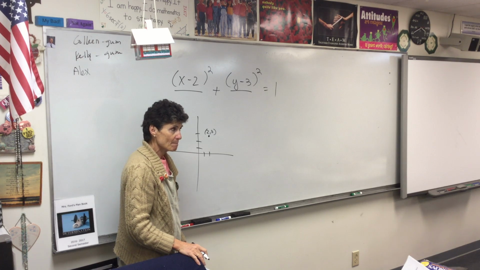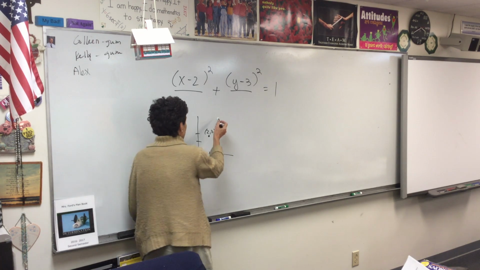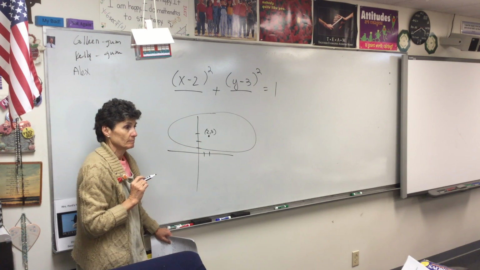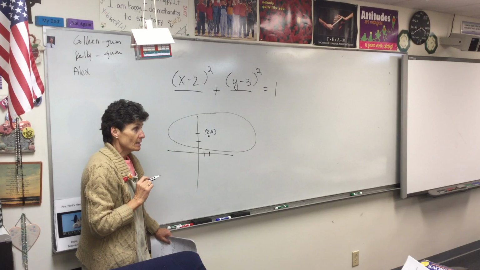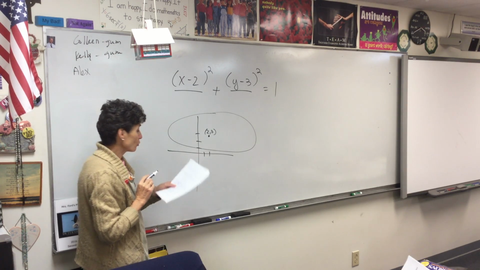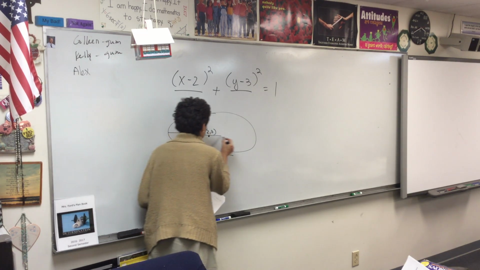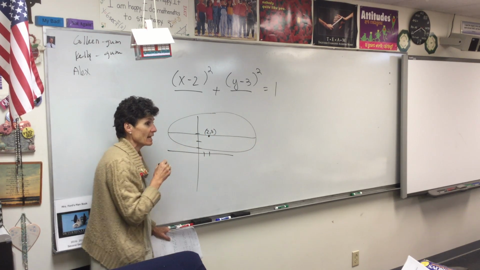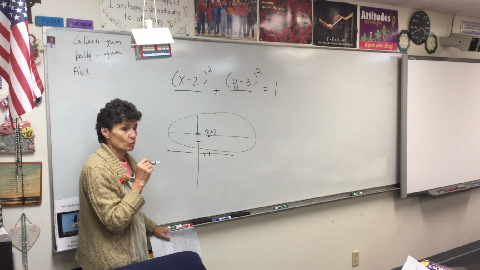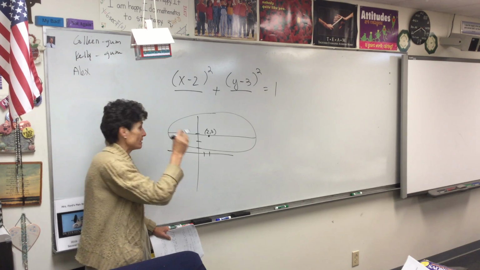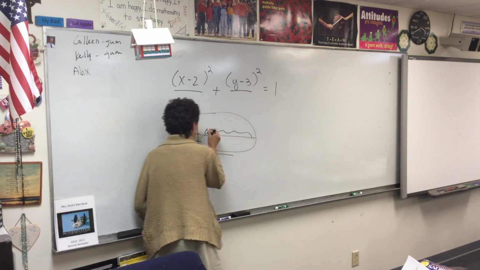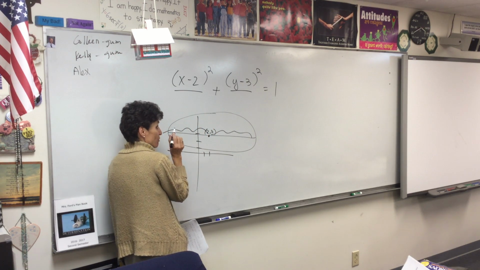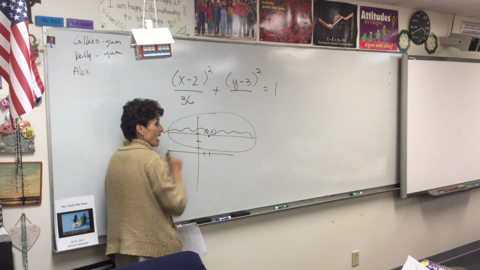Okay, now what does that mean, stretched horizontally? That means it has this shape, right? Now, the major axis, that would be this right here, has a length of 12. How does that help me if I know it has a length of 12? It went 6 this way and 6 this way, which means there's a 36 under the x.